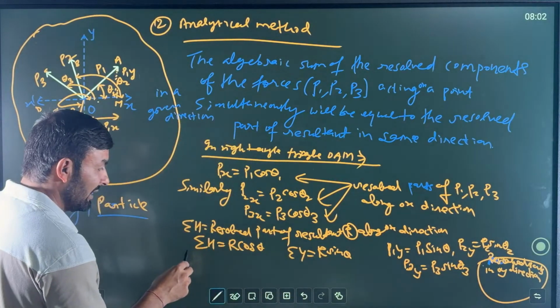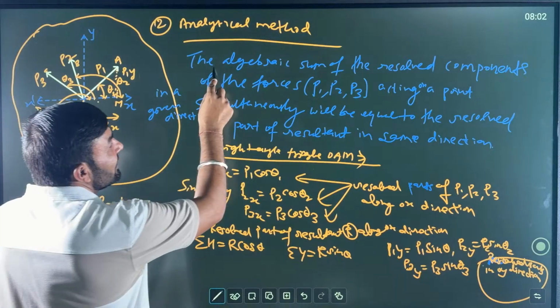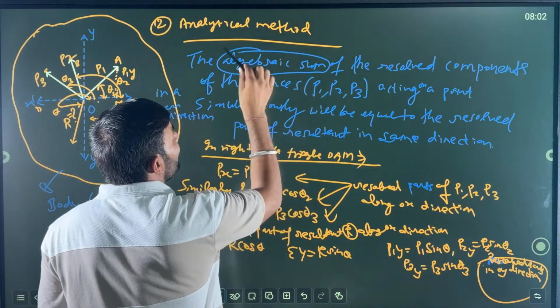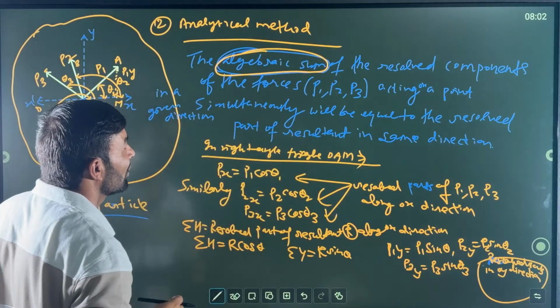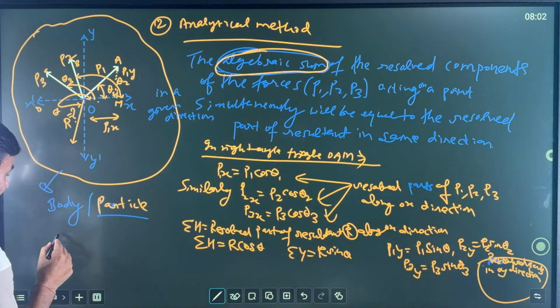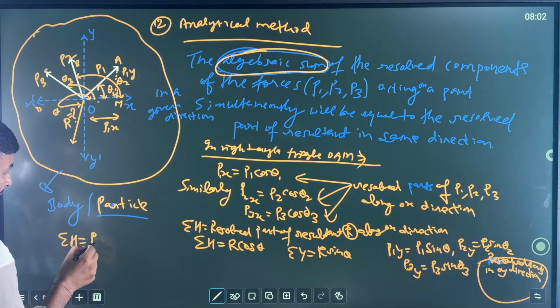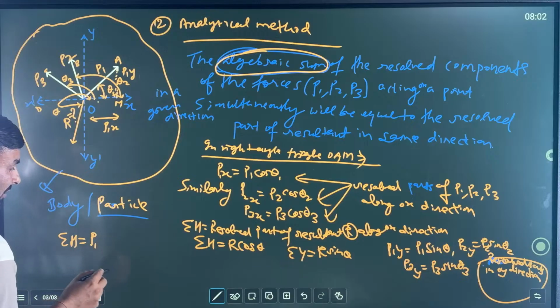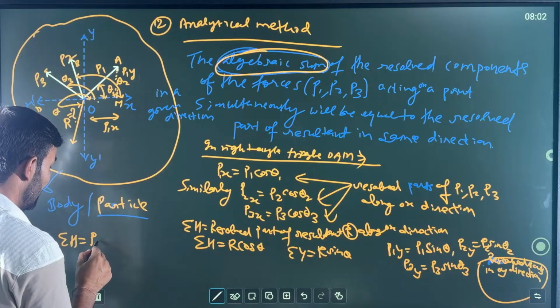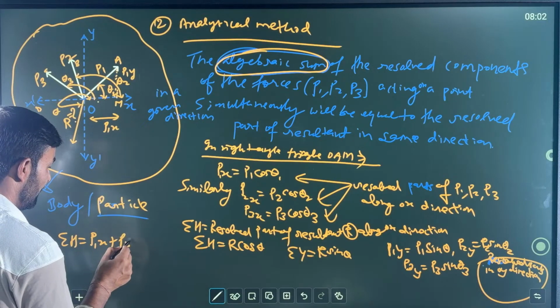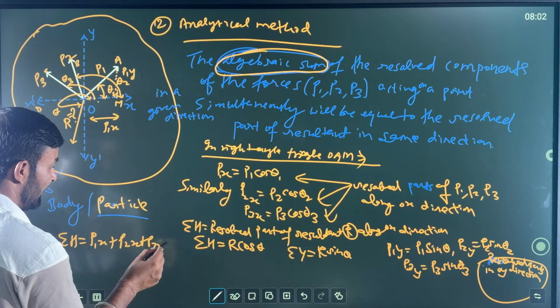So now what will be then? According to the algebraic sum of resolved parts, my dear friends, be careful, summation x will be equal to P1x plus P2x plus P3x, and so on.